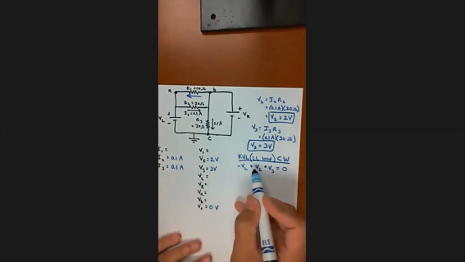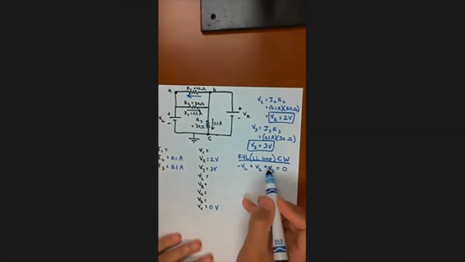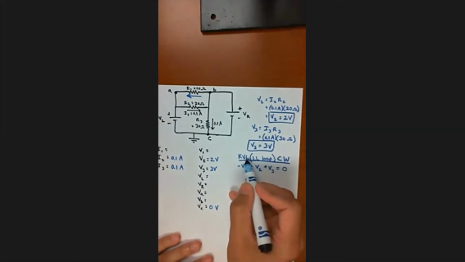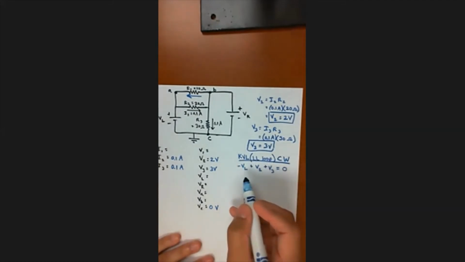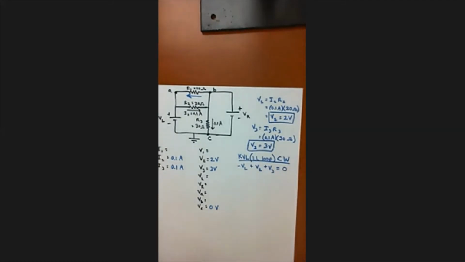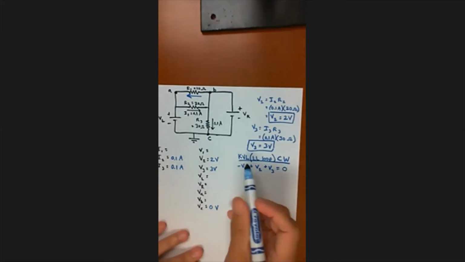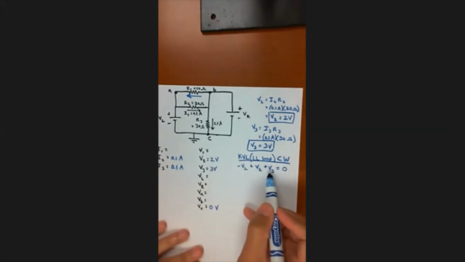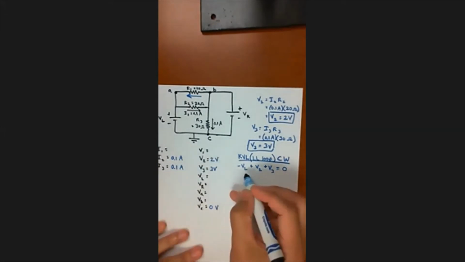Remember, it's always V's, voltage drops, that you're adding when you're writing KVL loops. KVL is all about voltage drops. KCL is about current flows, but KVL is all about voltage drops. Okay, so I actually know V2 and V3, so I can plug this in.